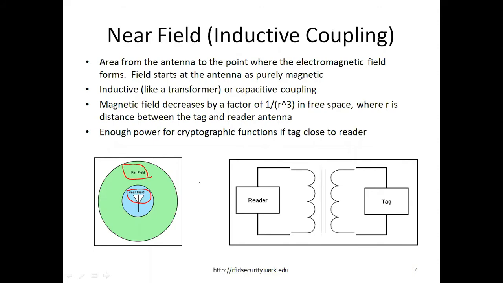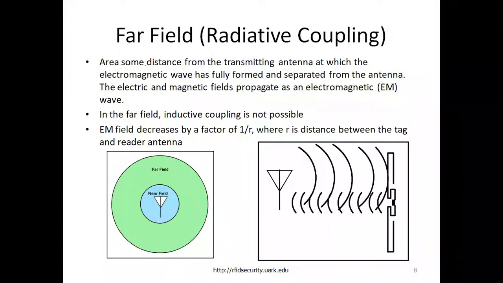There must be some rule between the reader and the tag through which the transmission takes place. The far field is the area at some distance from the transmitting antenna at which the electromagnetic wave is fully formed and separated from the antenna.